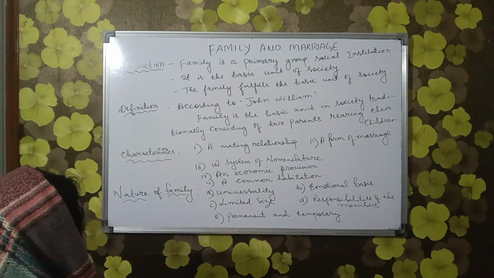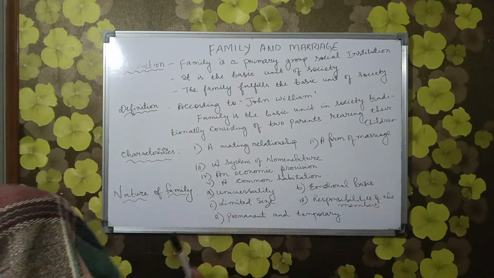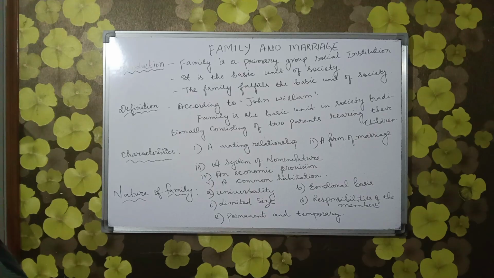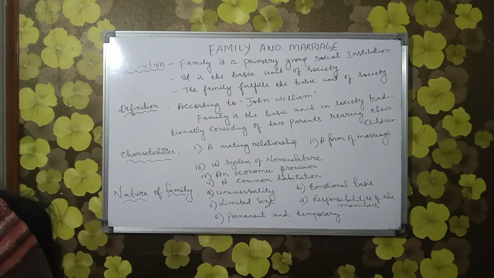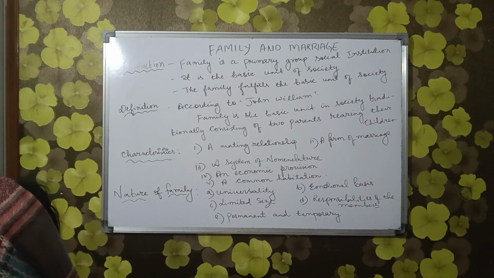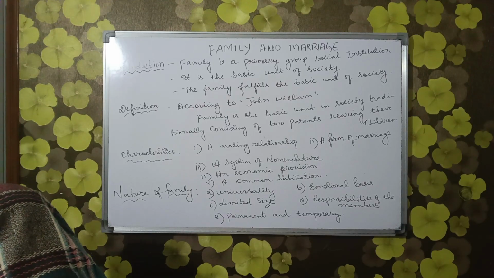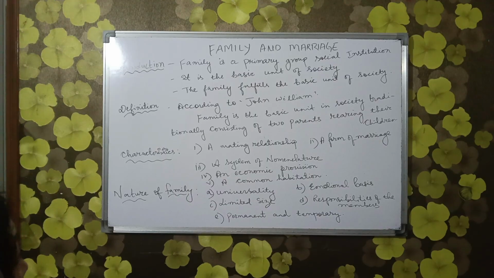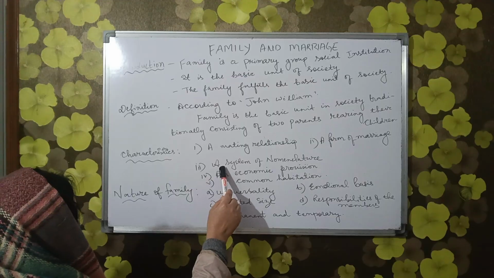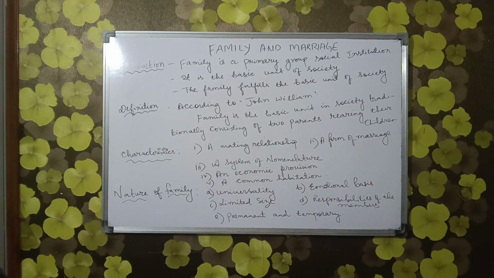Next is the form of marriage. A form of marriage, mating relationship is established through the institution of marriage. Here, through mating relationship, the form of marriage will be established. And the third one is a system of nomenclature.